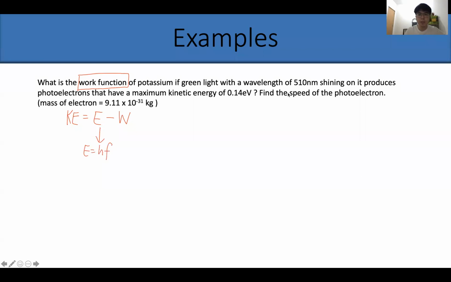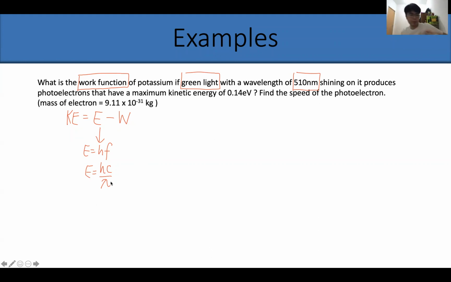But given in the question is the wavelength. So we can first calculate the energy of the green light using E equals hc over lambda. How much is this?